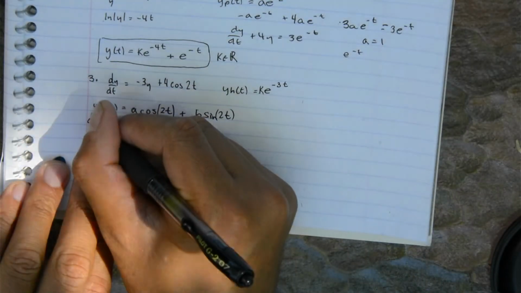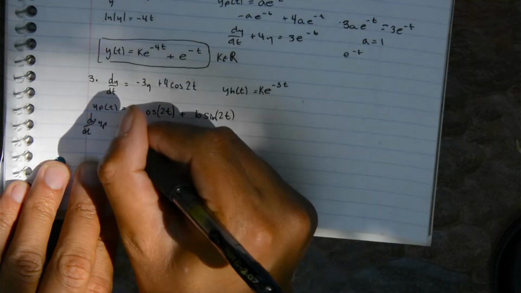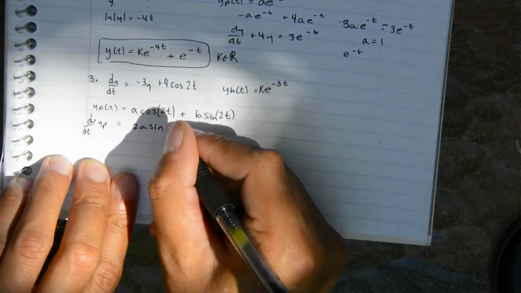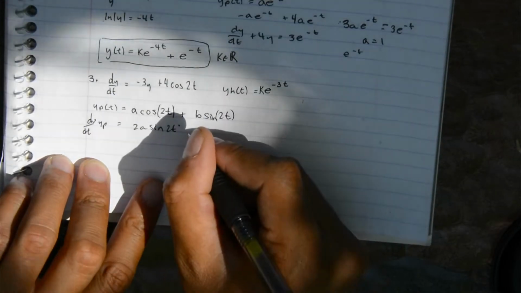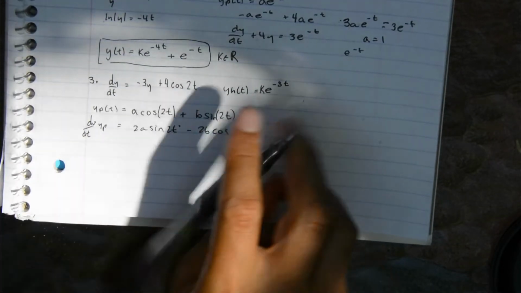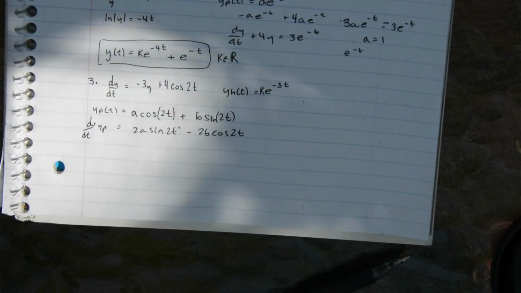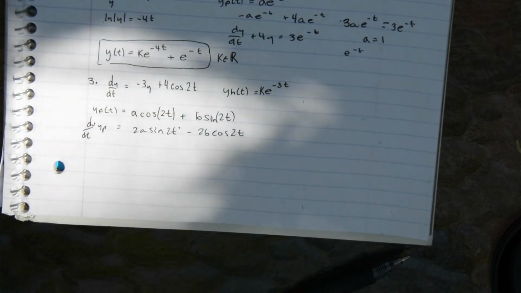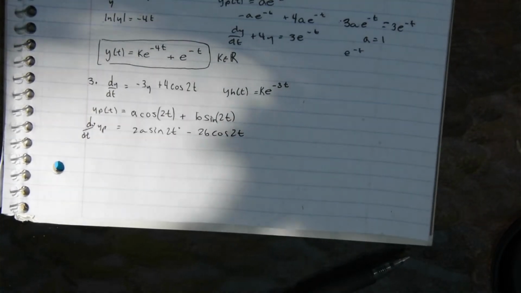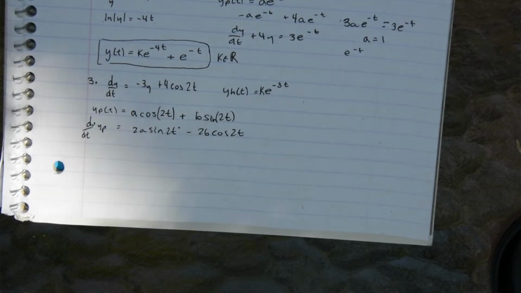So then we're going to get 2a sine 2t minus 2b cos 2t. Is that right? Yeah, okay, so that's all good.